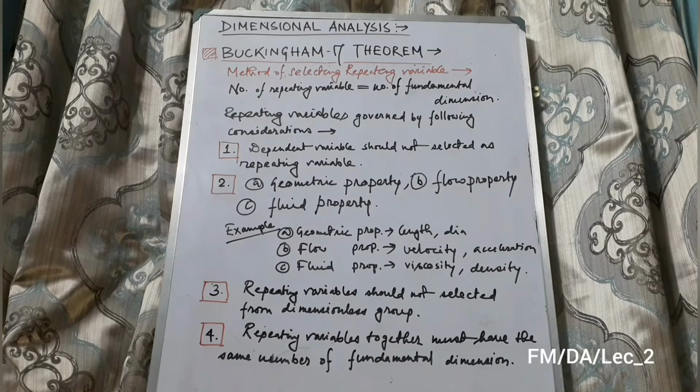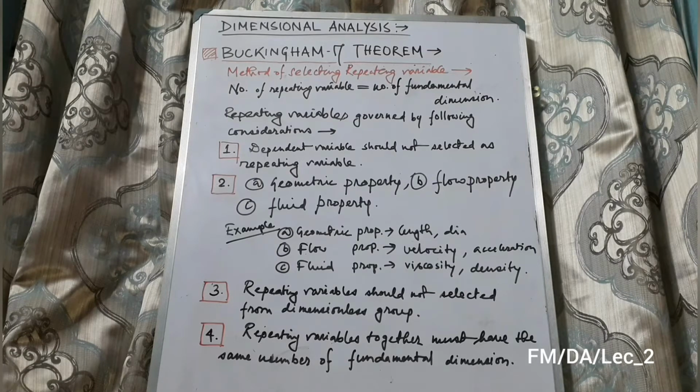And number 5 is, no two repeating variables should have the same dimensions. This is very important, number 5.